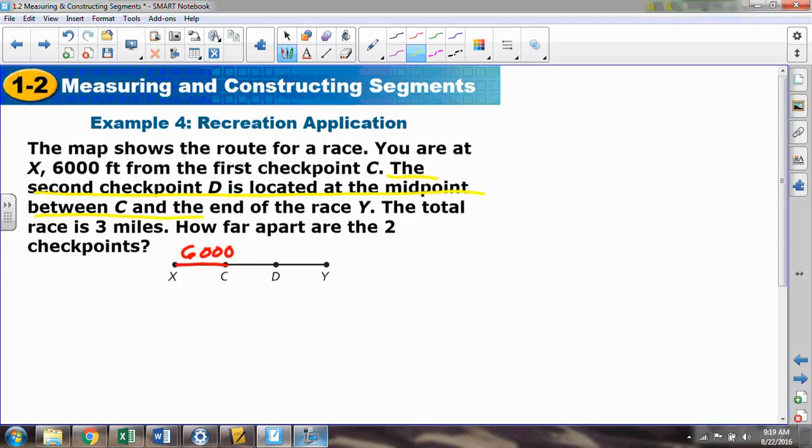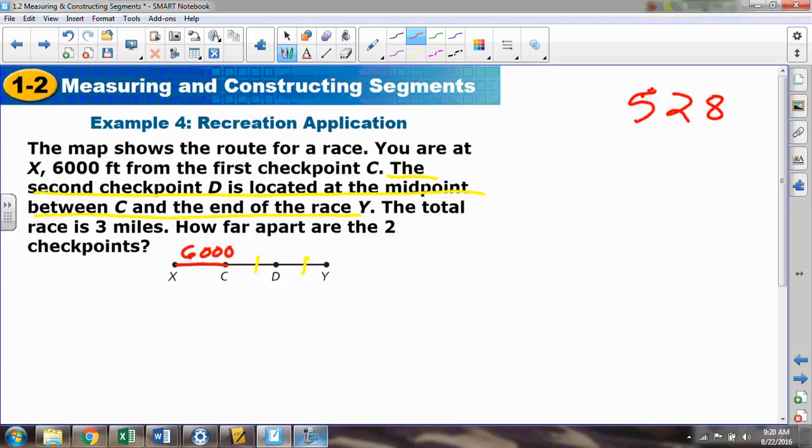when you read that, you should recognize then that since D is the midpoint, those two chunks have to be the same. That's what the sentence is telling us. The total race is 3 miles.